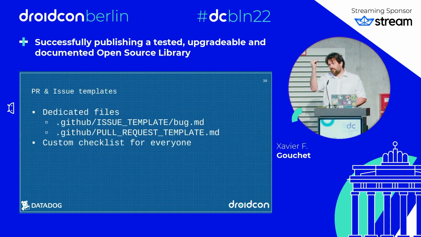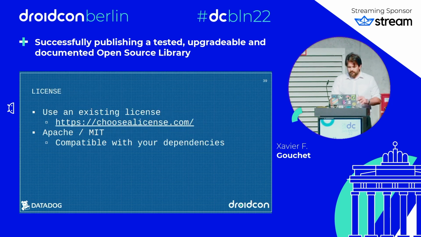You can use markdown headers, you can use markdown checkboxes to say, okay, just make sure that you did this, this, and this, and basically pre-fill everything to make it easy to interact with your repository. And the good thing is that the checklist and the templates are used for everyone. So it's also used for internal developers that create PRs. Whenever someone in the team makes a PR, we also have this template, meaning that it is the way of working every day.